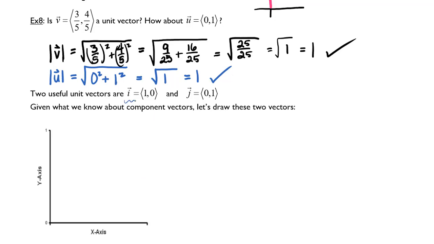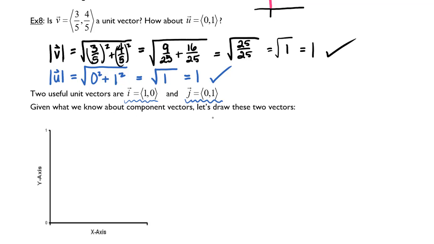You can't get away without knowing them in physics, actually. And they will come up again in calculus a lot. So basically, you use these vectors, i and j, to build another vector, and you use these as components. So it's kind of cool.